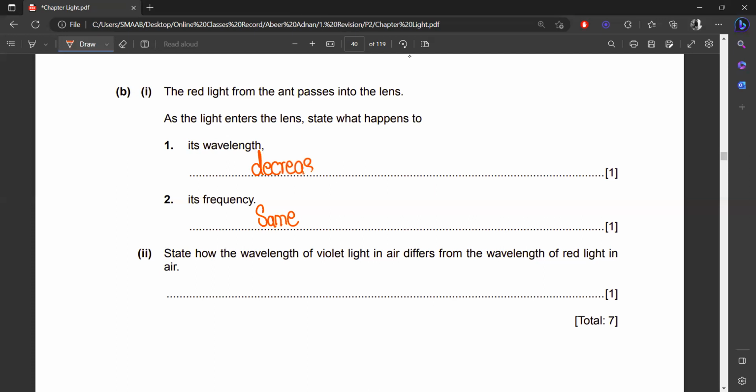If you remember the concept of the prism, with the same concept we know that light will bend. So during the refraction or bending process, the wavelength will decrease, right?